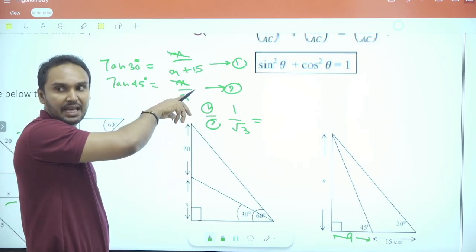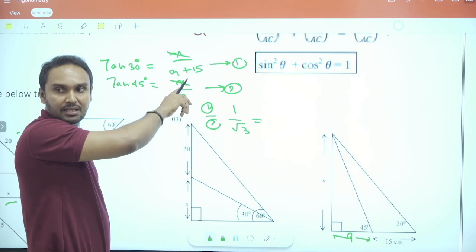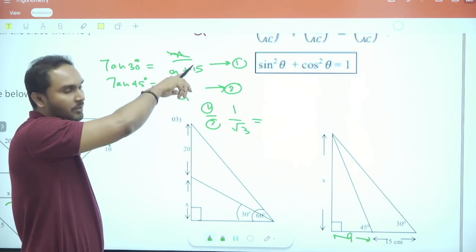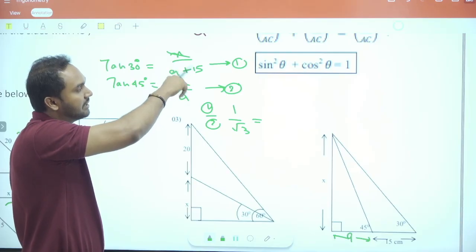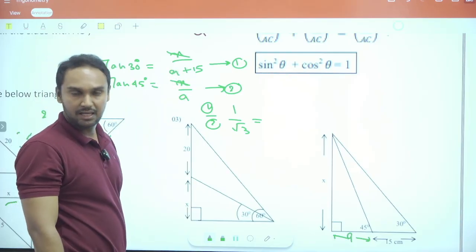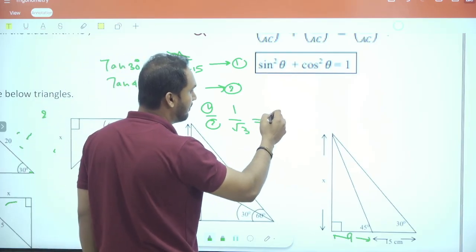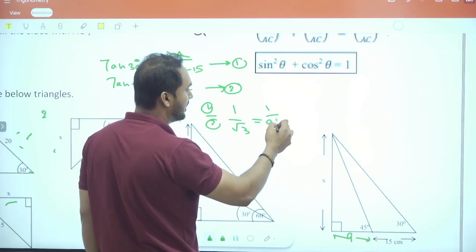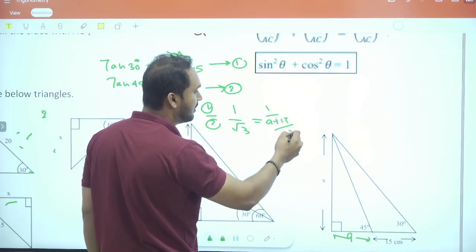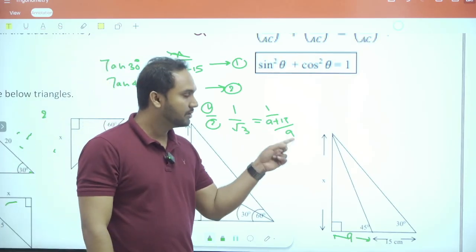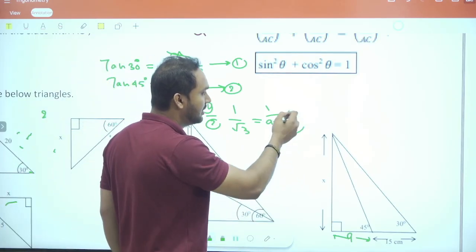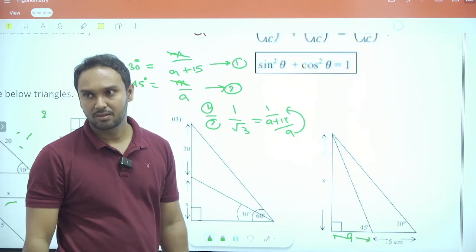What happens to this a? It will divide the bottom, which means 1 over a plus 15 divided by a. If something is divided twice, the one in the bottom comes to the top.